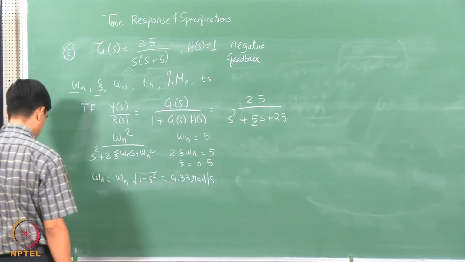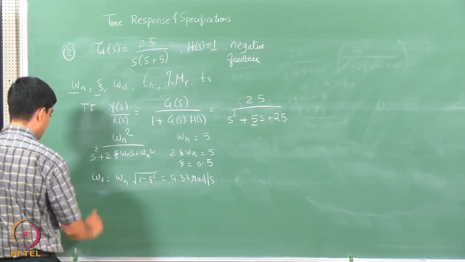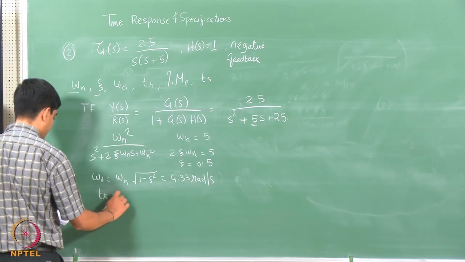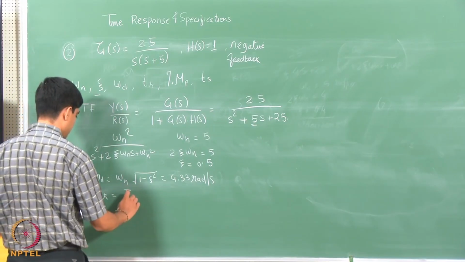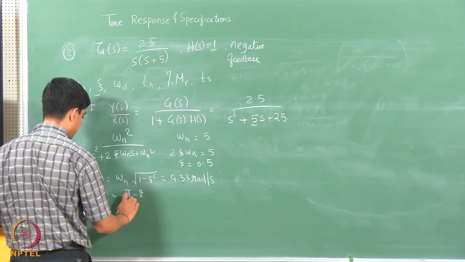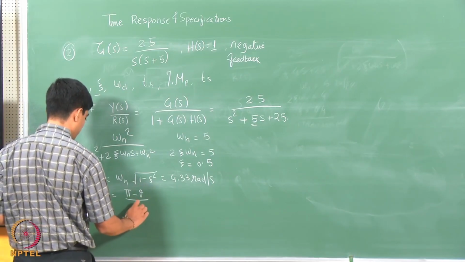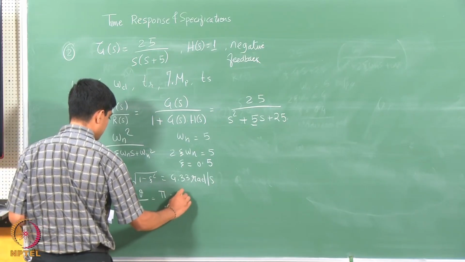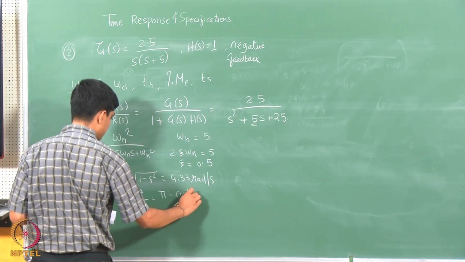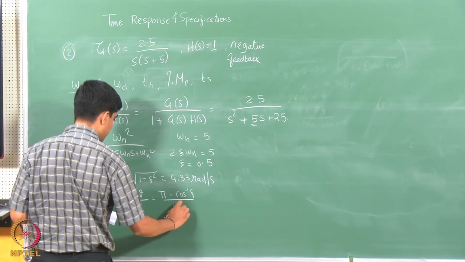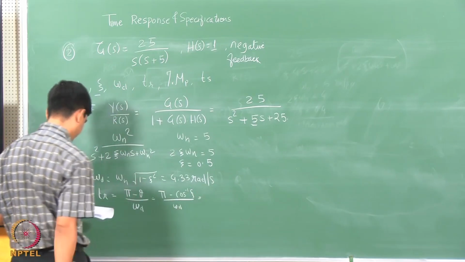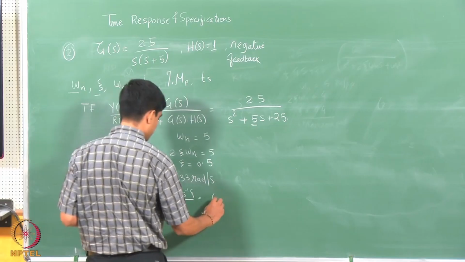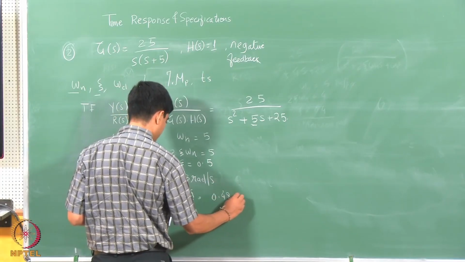And I have the rise time computed as pi minus theta over omega d, where theta was defined as cos inverse zeta, and this is 0.48 seconds.